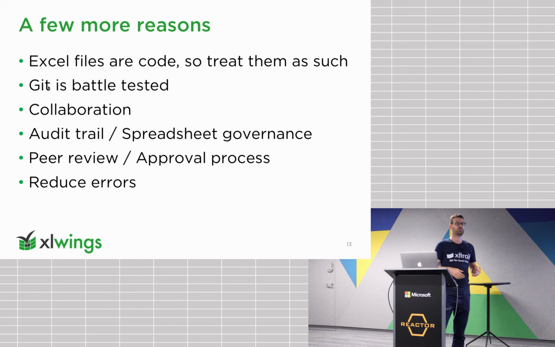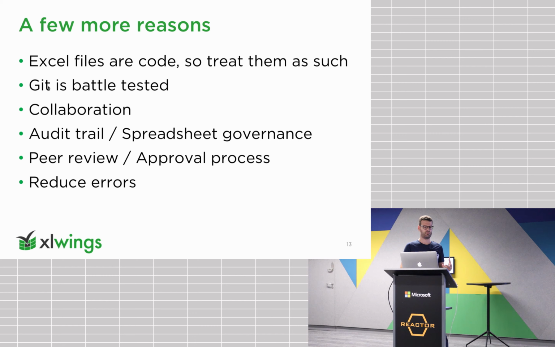Microsoft has actually tried a few things to get that right. They tried shared workbooks. Then they deprecated that, and now they use co-authoring. I guess both of these solutions solve some problems, but not all of it. And Git has a solid way for collaboration. And then finally, it's the spreadsheet governance aspect. It creates an audit trail, which companies increasingly need, from internal pressure but also for legal reasons.